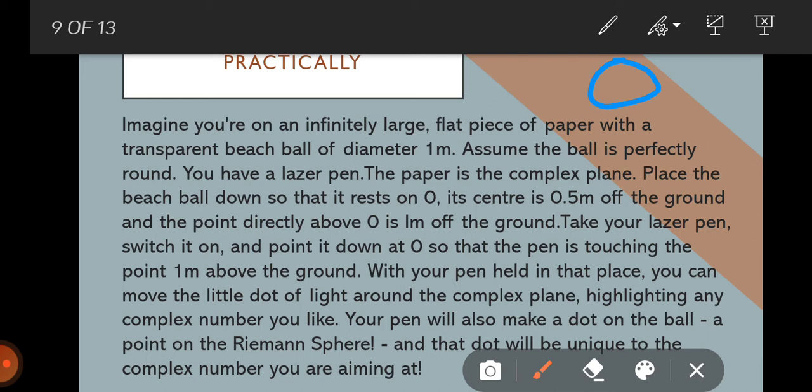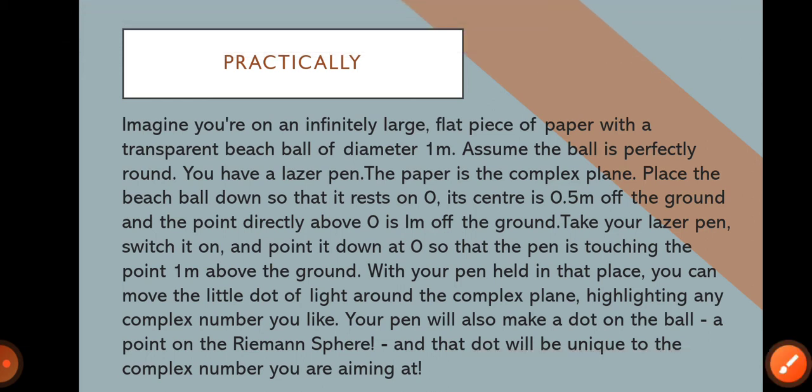Take your laser pen, switch it on, and point it down at 0 so that the pen is touching the point 1 meter above the ground. With your pen held at that place, you can move the little dot of light around the complex plane, highlighting any complex number you like.